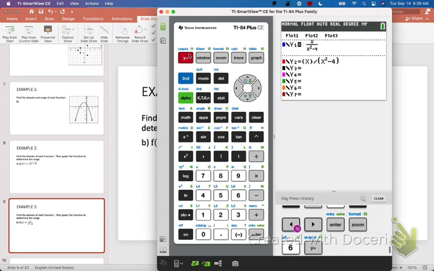I think we're supposed to do zoom 6. Mine is on back out. How do you zoom in? You press zoom, and then zoom in is number 2.